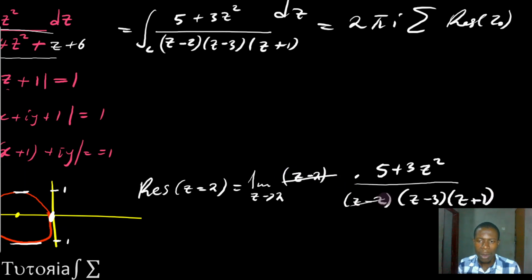Basically this cancels, and where there is z we place 2.